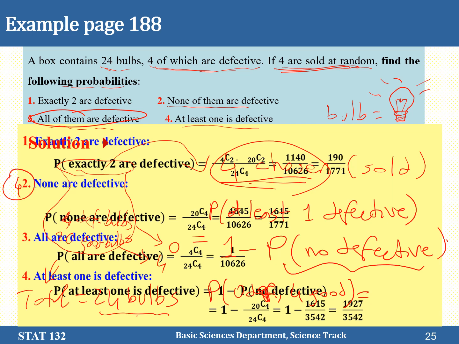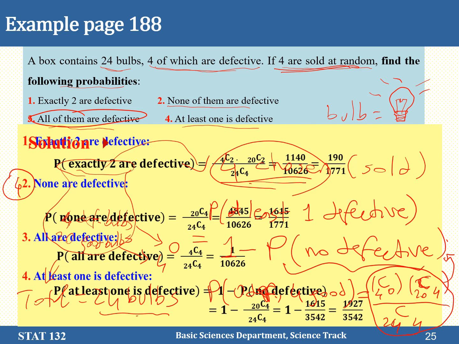So this has to be 4 choose 0 times 20 choose 4, divided by, again, 24 choose 4. Now we calculate this one, and then we put it here and we calculate the probability.